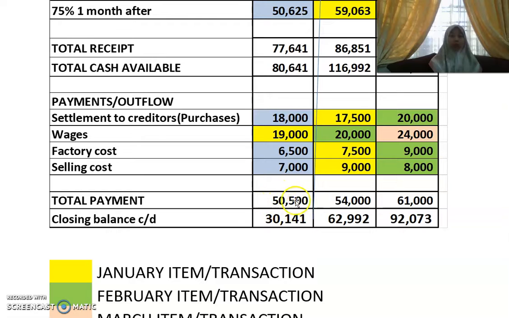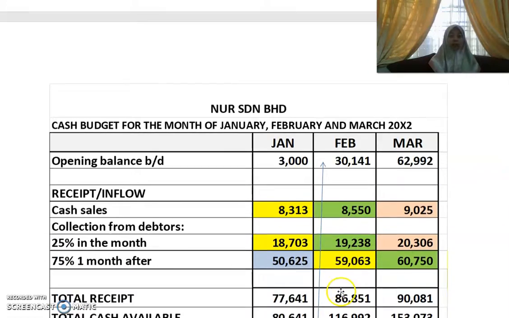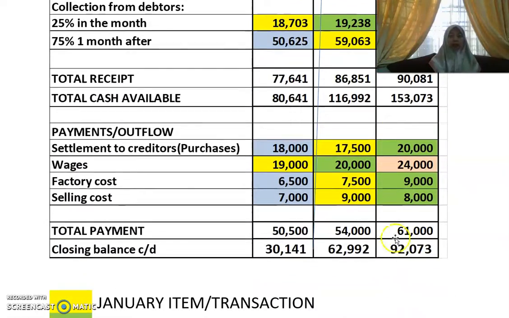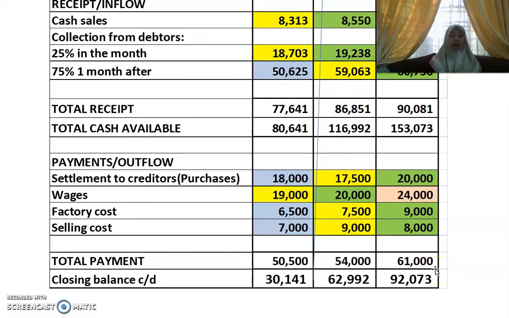You will get 50,500. So this one 80641 minus your 50,500, you will get a closing balance of 30,141. That closing balance for January will be your opening balance for February, and you do the same thing until you get your March closing balance. So that's how you prepare your cash budget.